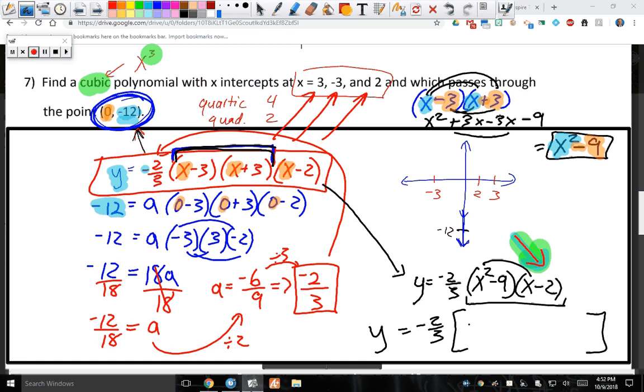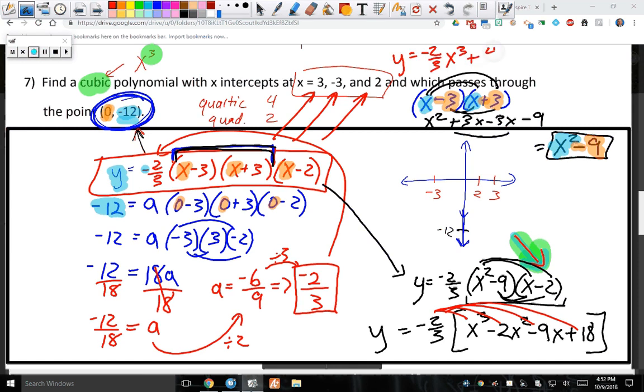We have x cubed, then we have minus 2x squared, negative 9 times x is a minus 9x, and finally negative 9 times a negative 2 is a positive 18. And then last but not least, I would distribute this negative 2/3 across all of these to get a final answer of y is equal to negative 2/3 x to the third plus 4/3 x squared plus 6x minus 12.